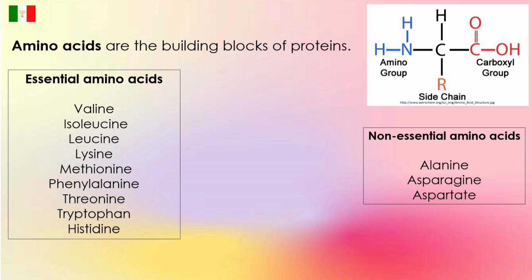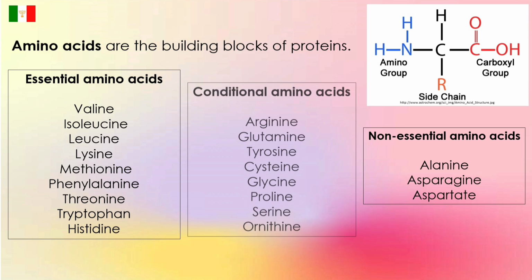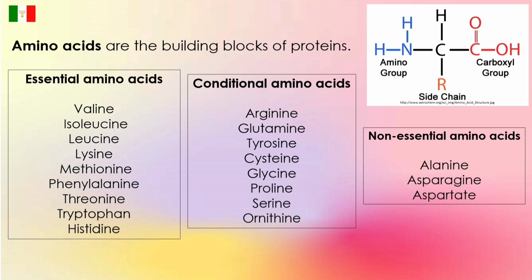The non-essential amino acids are alanine, asparagine, and aspartate. Of the 11 non-essential amino acids, 8 are called conditional amino acids, such as arginine, glutamine, tyrosine, cysteine, glycine, proline, serine, and ornithine.